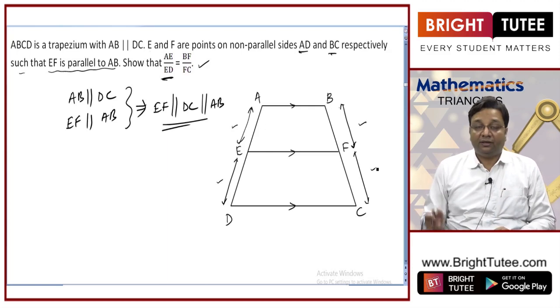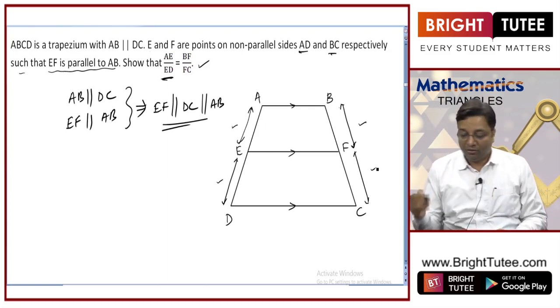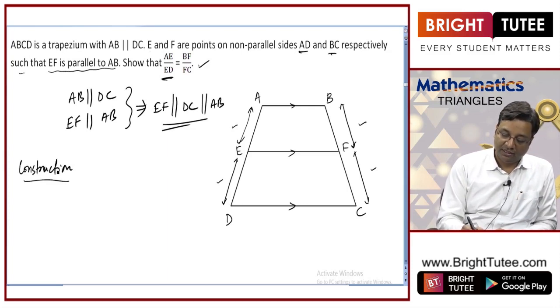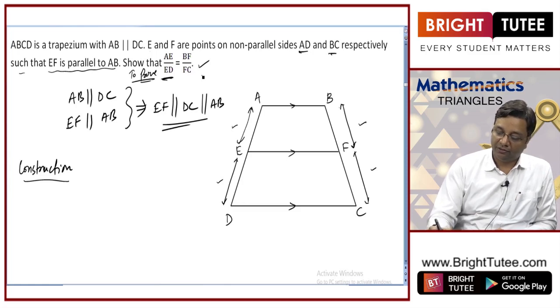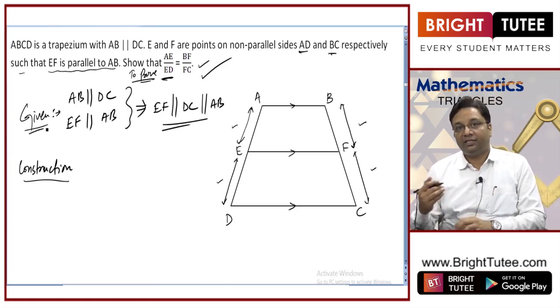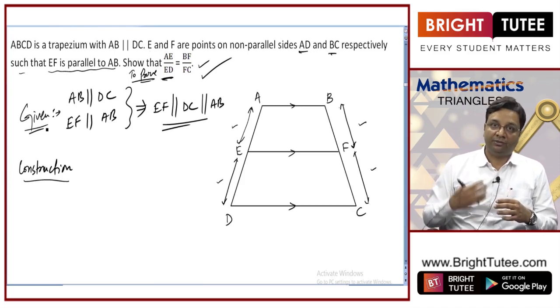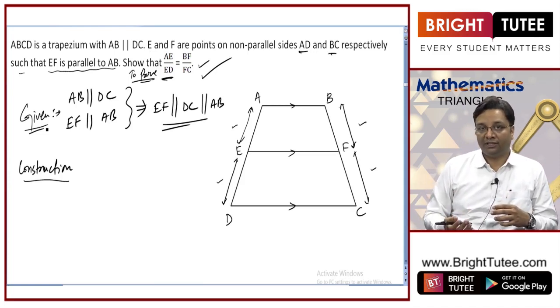So in a trapezium, what we can do is, we will do a little construction here. So you need to write first what we need to prove, and this is given. All these steps you write yourself. I am just giving you the idea of the concepts to solve the questions, okay?